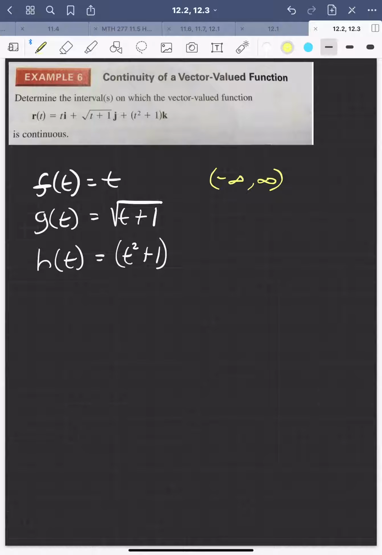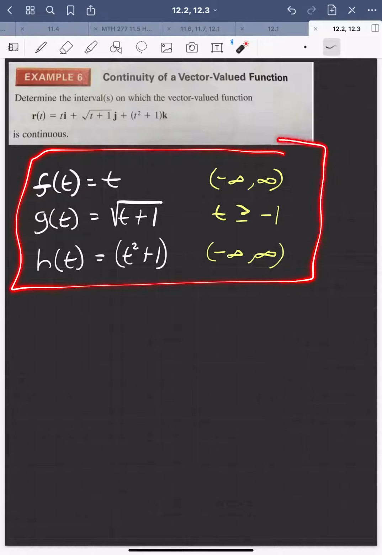Let's actually jump to h really quickly. Are there any domain restrictions on h? Again, no. You can plug any t value that you'd like. G, there is a domain restriction, right? So for g, you can only choose t values that are greater than or equal to negative 1. These are the domain restrictions component by component.